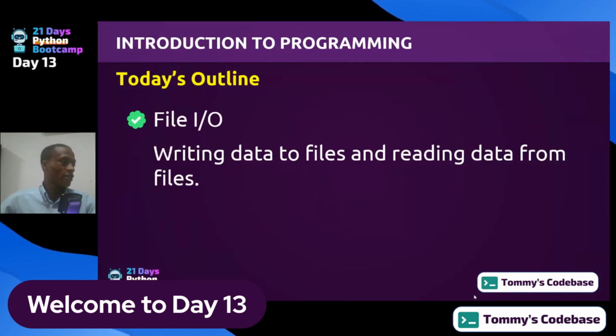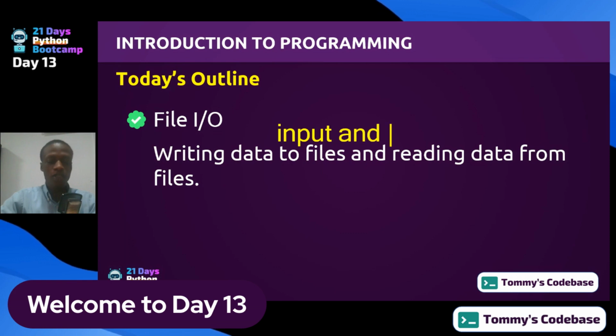Today, we will look at file IO, which is a more technical term or a syntax for inputs and outputs. So this IO that you see here is just the short form for input, not in out, input and output.